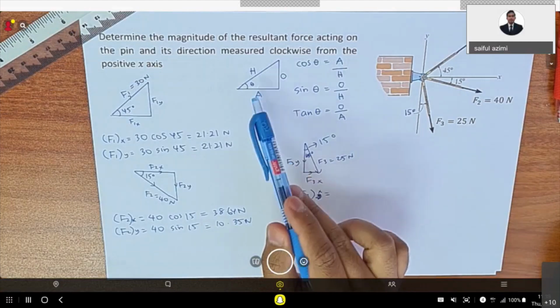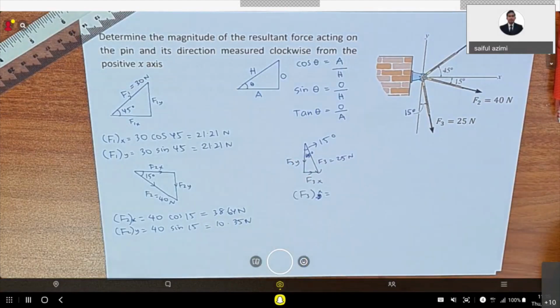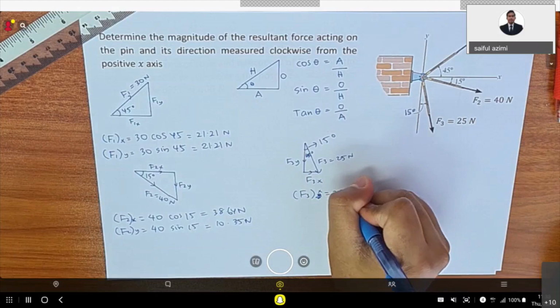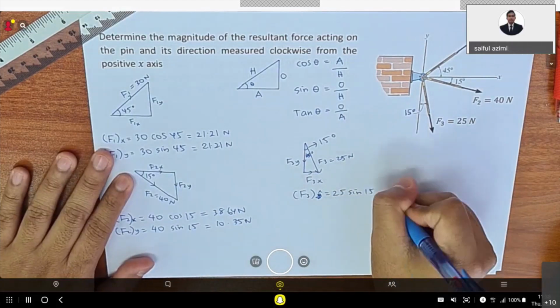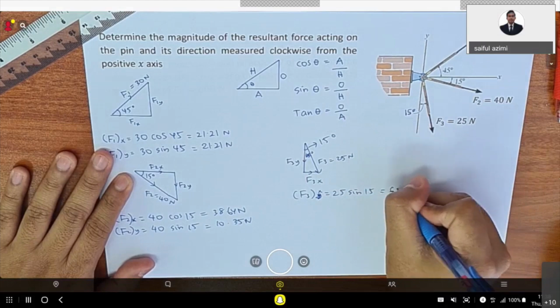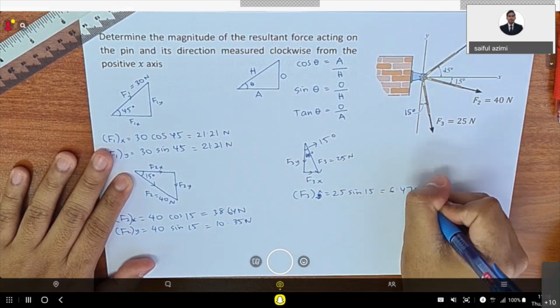O, H, or A? 25 sine 15, yes. 25 sine 15 equals to 6.47 Newton.